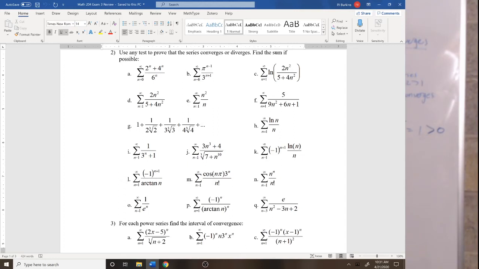So good. Yeah, I think I would use comparison test for that one as well. So when you guys go do this again for your review, all of these the solutions are at the end, and they all tell you what test and whether it converges or diverges.